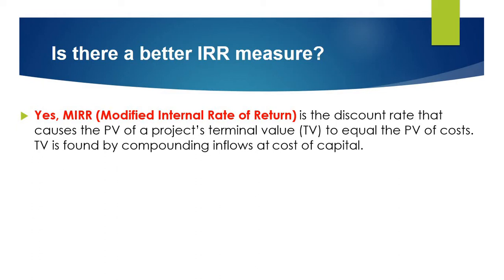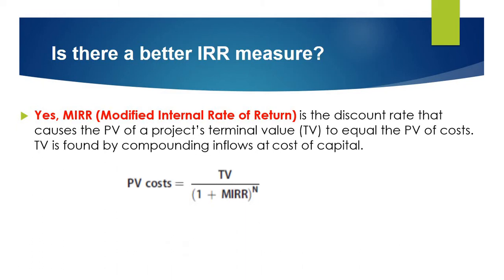Here, the term modified internal rate of return means the discount rate that causes the present value of the project's terminal value to equal the present value of the project's cost. The terminal value, or TV, is found by compounding inflows at the cost of capital.